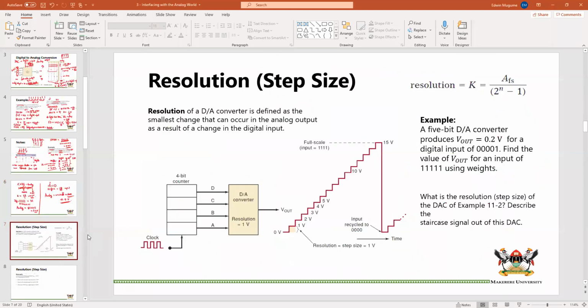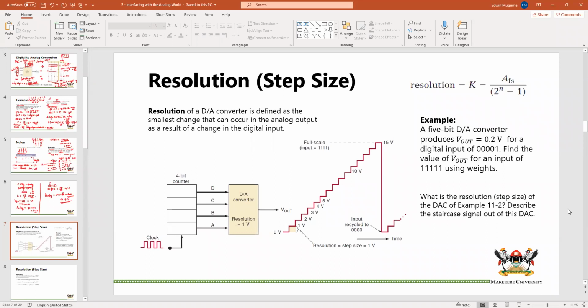Let us look at something that we call resolution. I think you know what resolution is in general, because it's an English word actually, and the Namagunga people will know this very well. But typically, resolution is the smallest change that can occur in the output if the input changes.